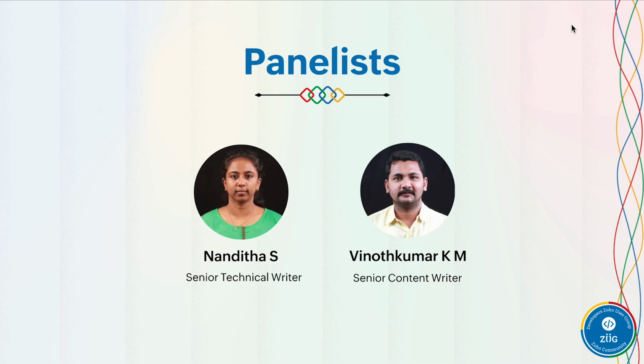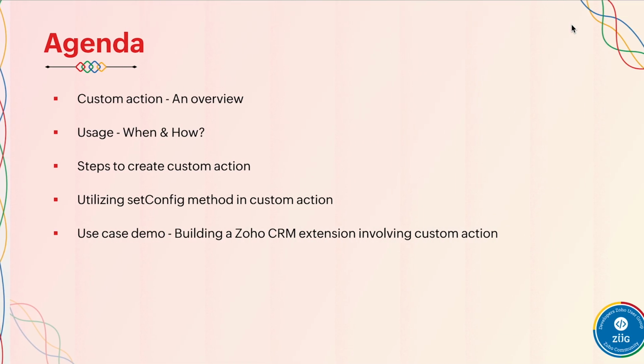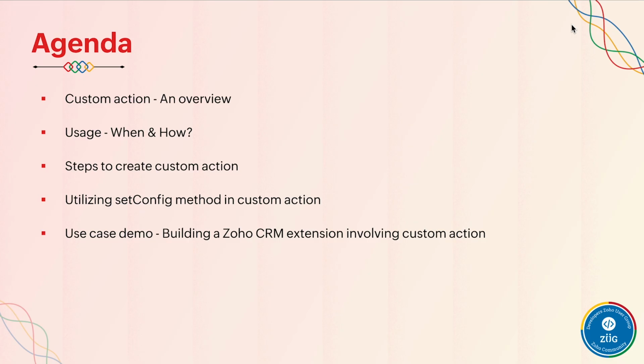Now let's get into the agenda that's planned for today's session. We'll be starting off with a quick overview of what the custom action feature is about. Then we'll see when and how these custom actions can be used, followed by the steps involved in creating a custom action.